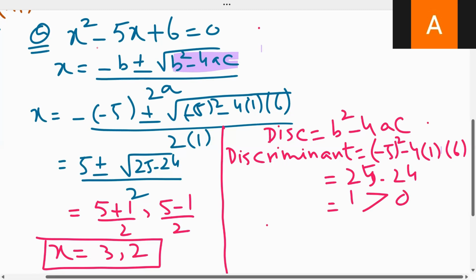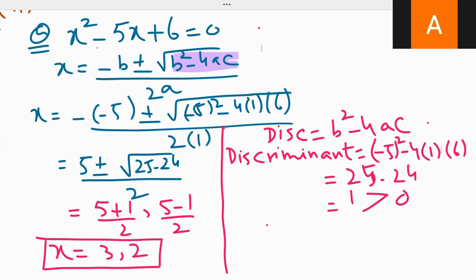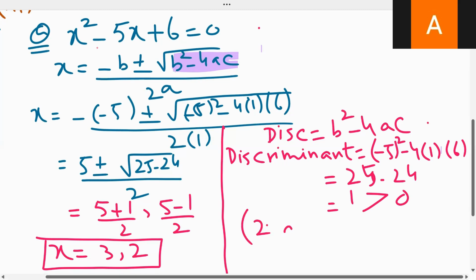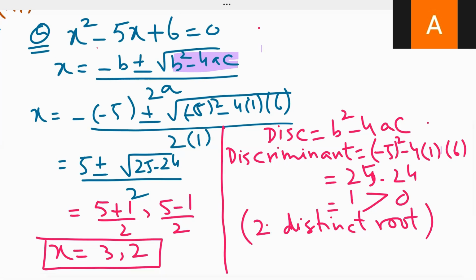So whenever you get the value of discriminant positive, it indicates that the equation has two distinct roots. So this is how you can find the nature without solving it.